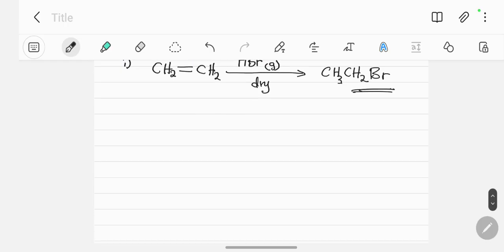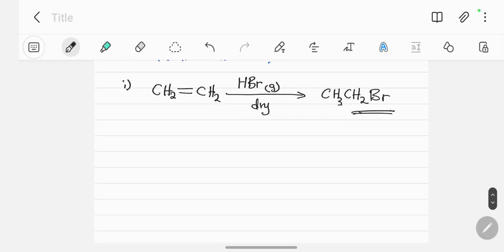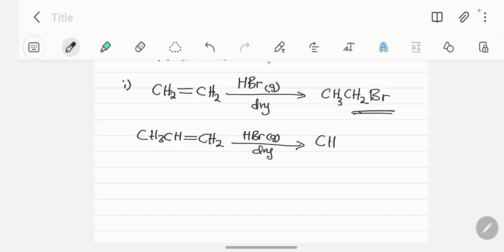So if I'm having maybe CH3, CH, double bond CH2, and I add in maybe hydrogen bromide gas, when it's dry, it gives me CH3, CH, CH3, and bromine there.